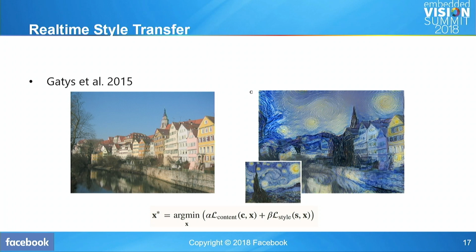The goal of style transfer is to take a content image and a style image and produce a new image which applies the style from the style image on the content presented in the content image. The Gatys paper was very great research and showed stunning results. You iteratively run a VGG network to optimize the image, and it takes a couple of minutes, even on a very good GPU.